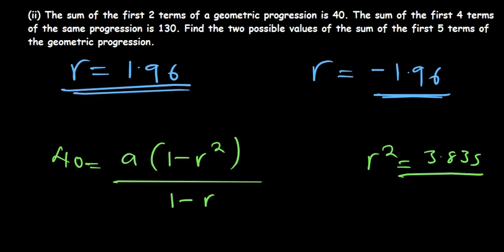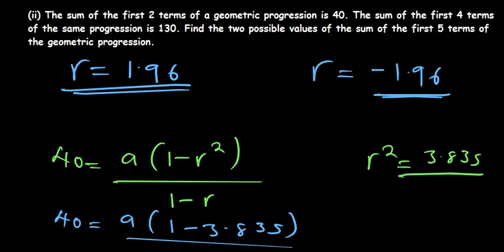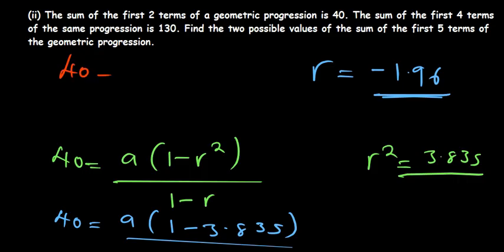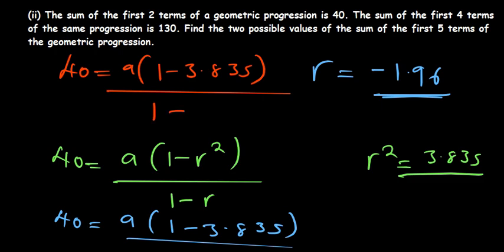And then substitute. So 40 is equal to our first term, we don't know, and then 1 minus 3.835 divided by 1 minus r.